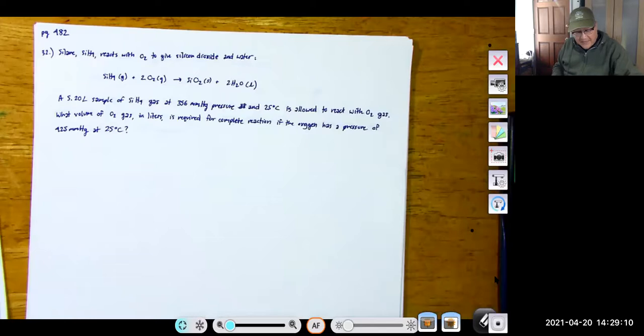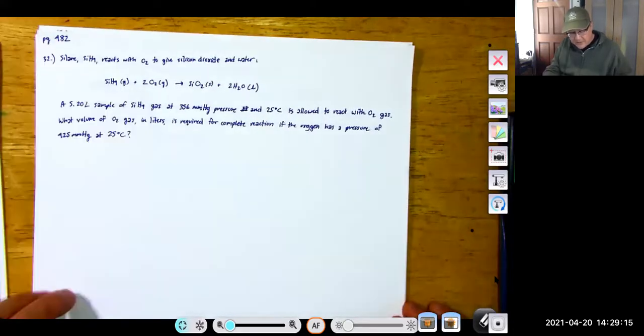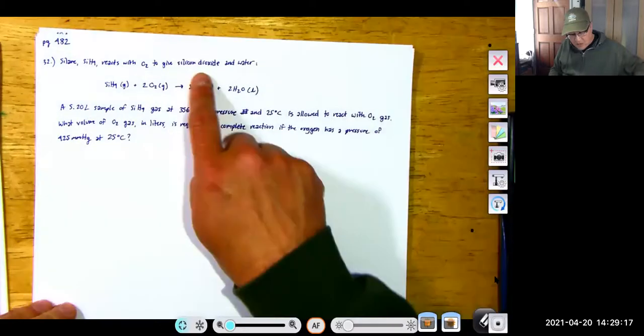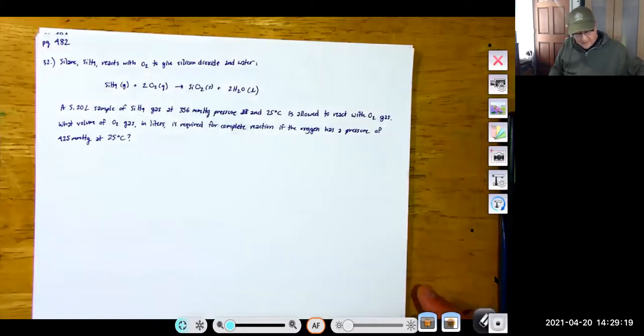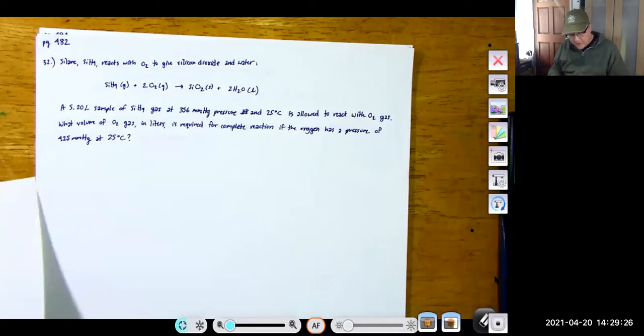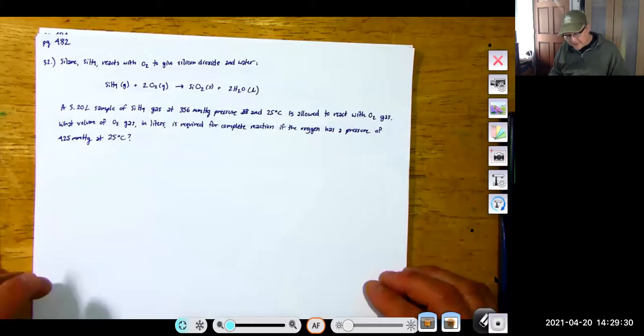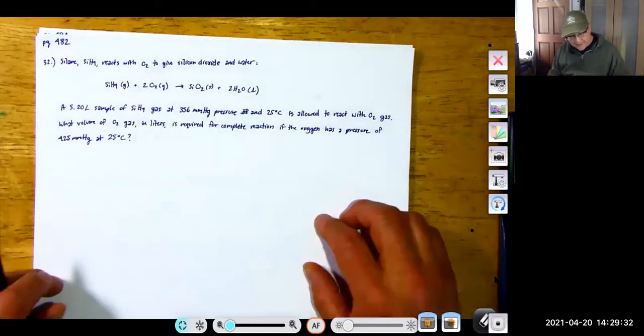Okay, silane, SiH4, reacts with O2 to give silicon dioxide and water. A 5.20 liter sample of silane gas at 356 millimeters of mercury pressure and 25 degrees Celsius is allowed to react with O2 gas.